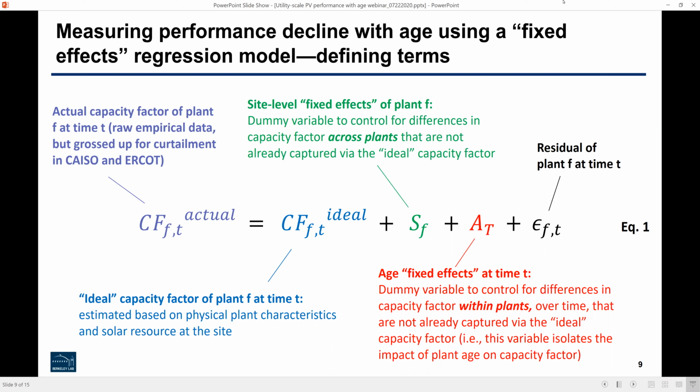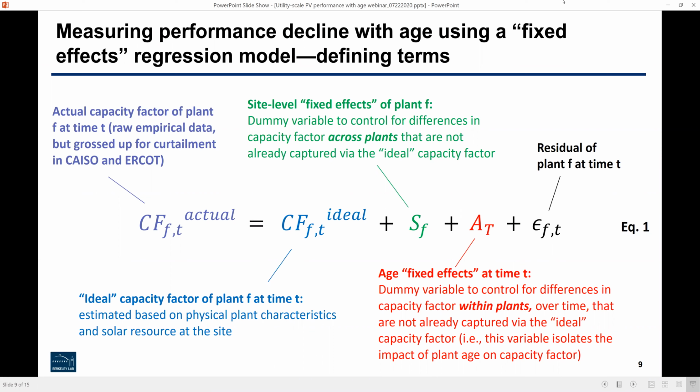The first variable on the right-hand side, shown there in blue, is called the ideal capacity factor, which is modeled based on the plant characteristics or metadata as well as the solar resource. And the basic idea behind this idealized or ideal capacity factor is to control for as much of the geographic and temporal variability in capacity factor as we can by modeling how the project should have performed based on its metadata and solar resource.